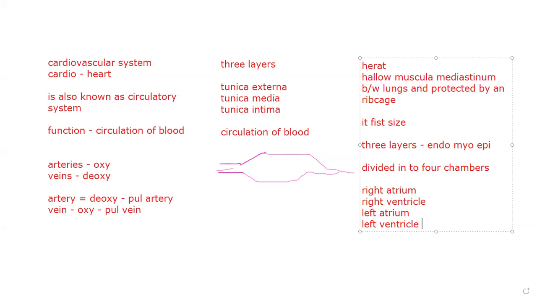And after that, you can say about the heart. The heart is a hollow muscular organ located in the mediastinum between the lungs, protected by the rib cage and fist size, covered by 3 layers: endocardium, myocardium, and epicardium. Then it is divided into 4 chambers: right atrium, right ventricle, left atrium, and left ventricle. And we can explain how the blood is flowing, whatever blood it is carrying. So we have to say like that.